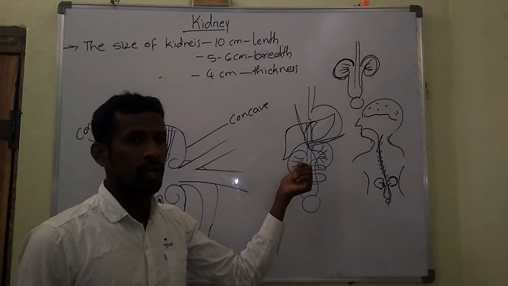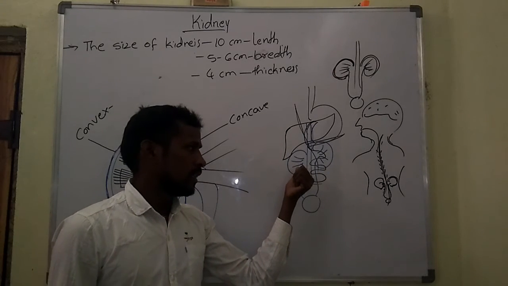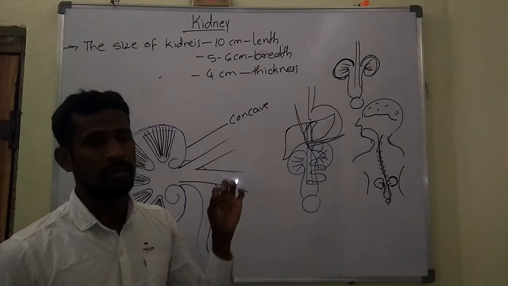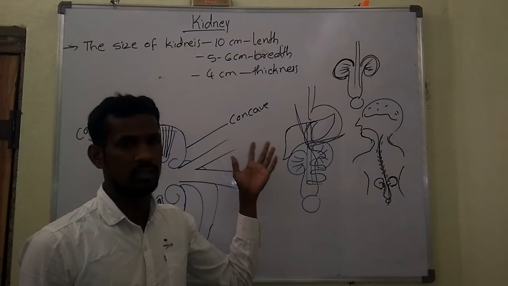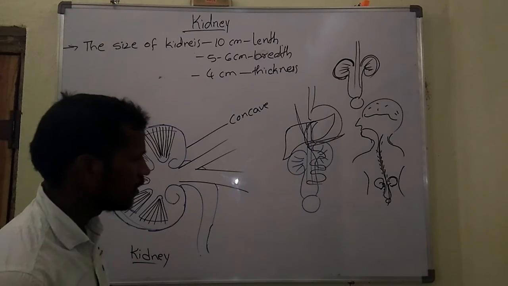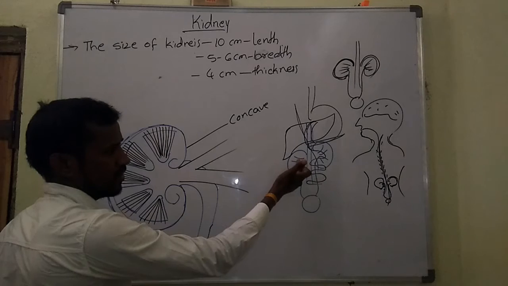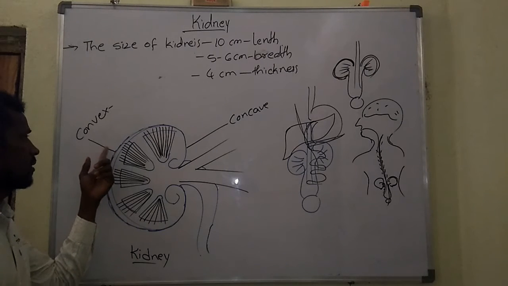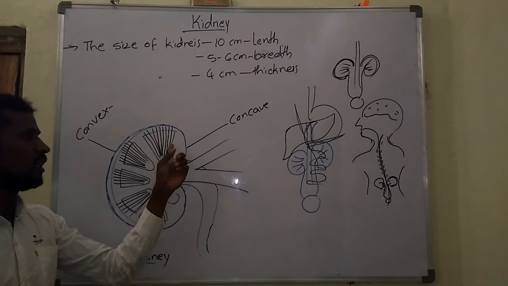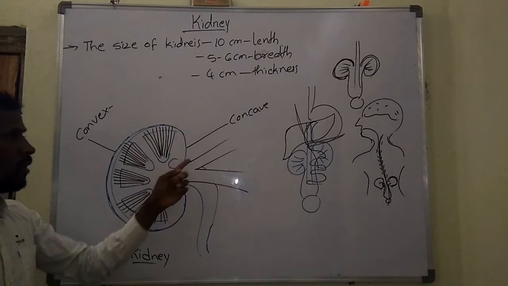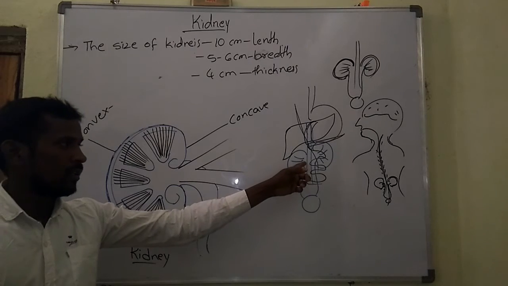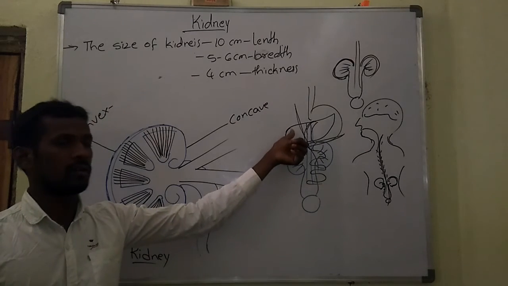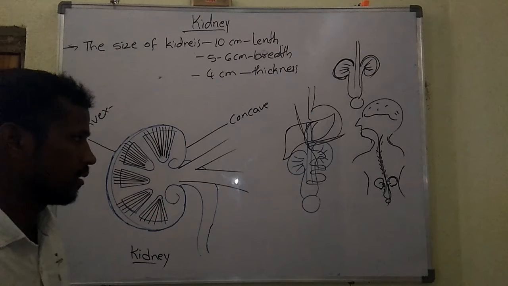Each kidney is convex on the outer side and concave on the inner side, and the right kidney is lower than the left kidney due to the presence of the liver above. That is completed.